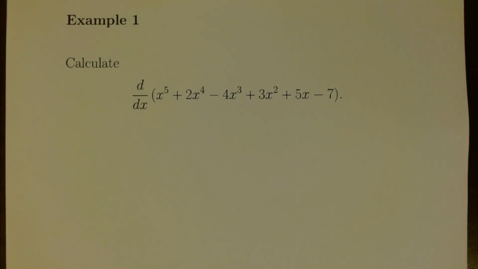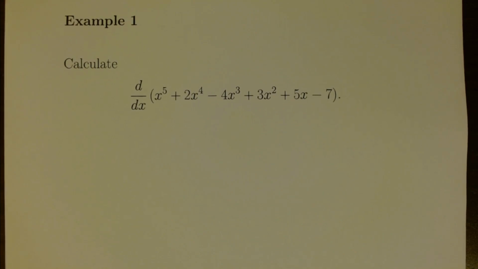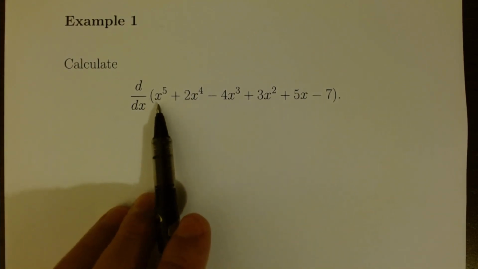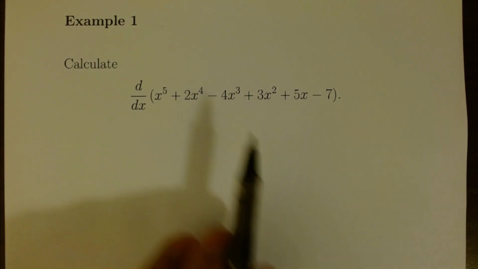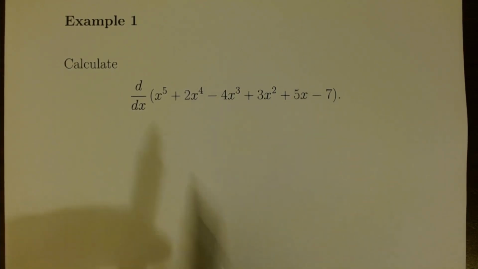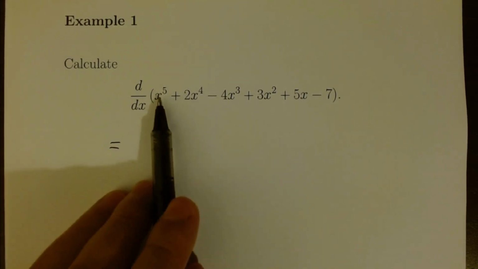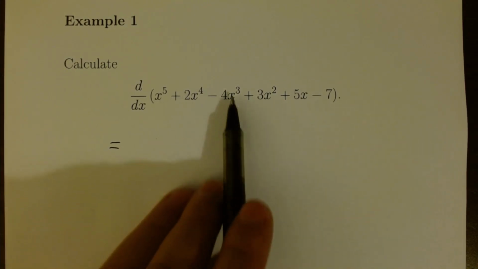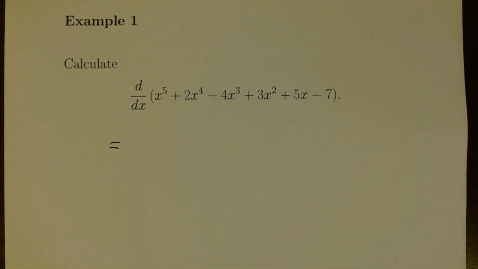Okay, example number 1. Here we have a polynomial, x to the 5 plus 2x to the 4 minus 4x cubed plus 3x squared plus 5x minus 7, and we need to differentiate it. The way we do it, we just simply differentiate each term separately and put pluses or minuses.